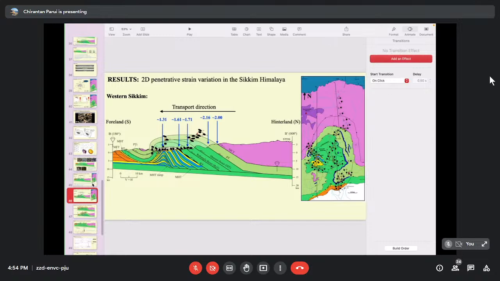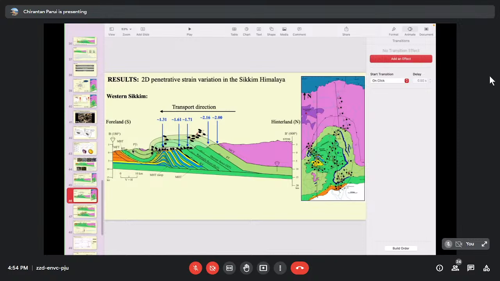The assumptions that I have made while making a cross section, which other people also make, are that the outcrop scale shortening structures and penetrative strain structures are not incorporated, and the hanging wall cut off lies at the present day erosional surface.